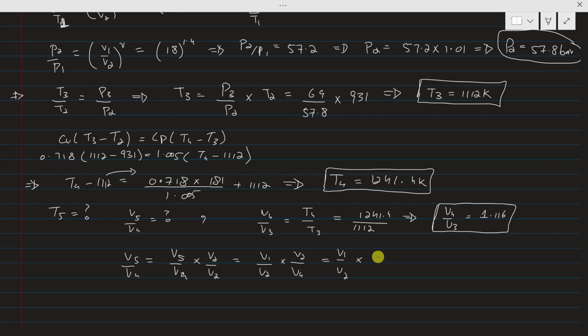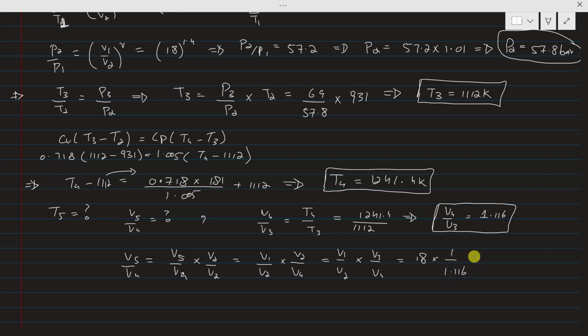V2 and V3 volume is the same, so in terms of V2 I can write V3 divided by V4. Now put its value. V1 by V2 is the compression ratio given in the statement, that is 18, and V3 by V4 is the reciprocal of this value, so I can write 1 by 1.116.